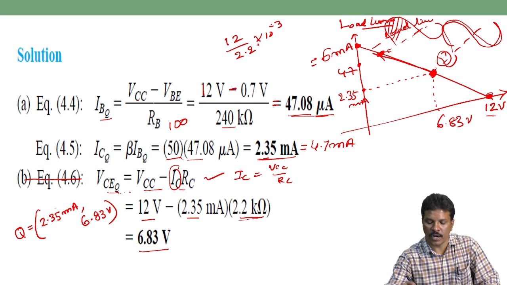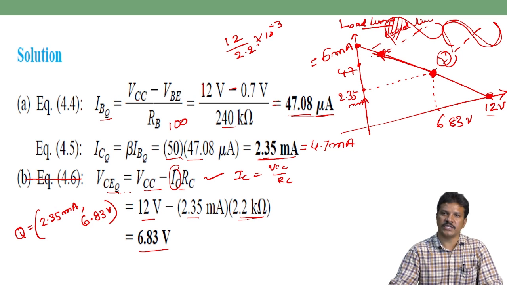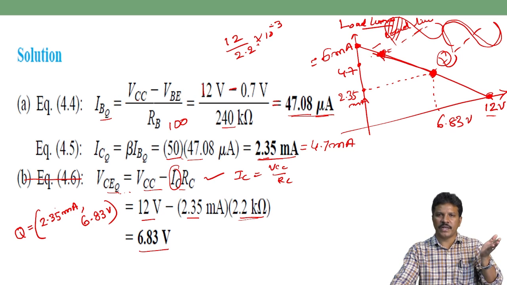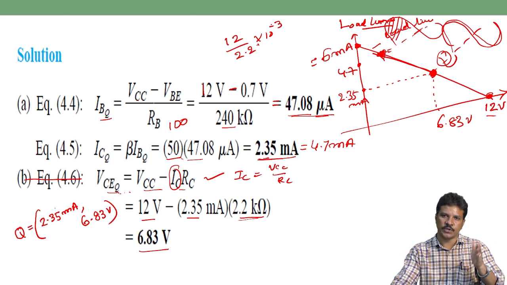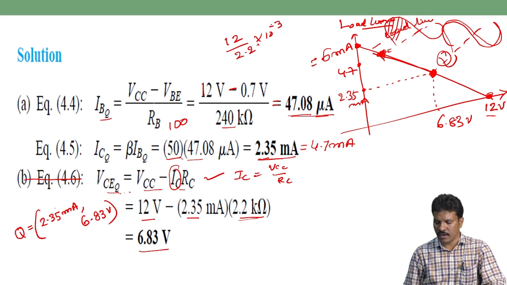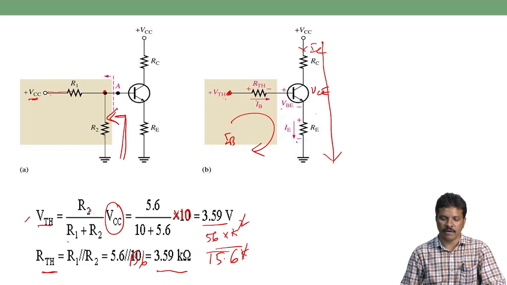So by changing the temperature, the beta value changes. If the beta value changes, then the Q point changes, and this unfaithful amplification signal gets cut off.